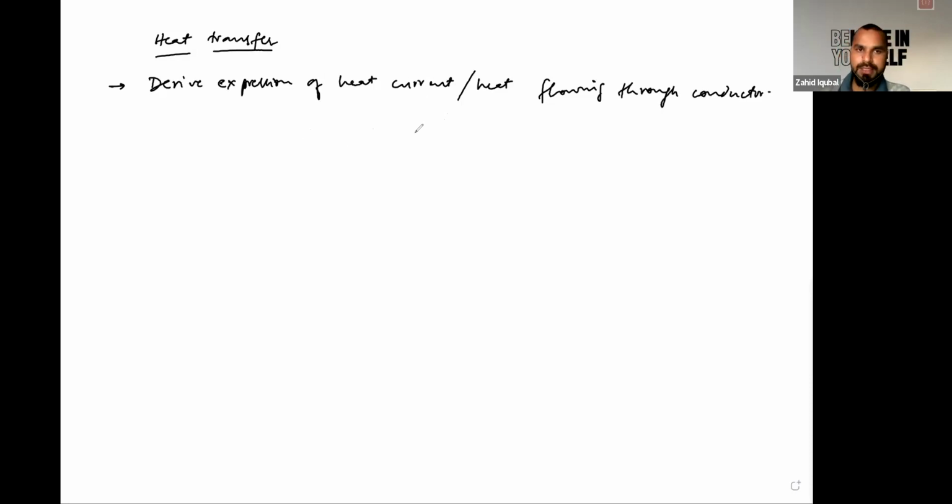You will say heat flowing through any conductor will depend upon certain factors.